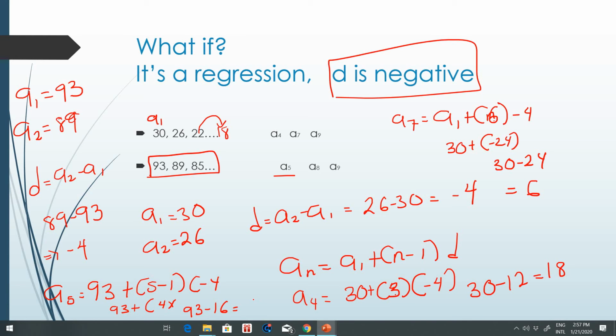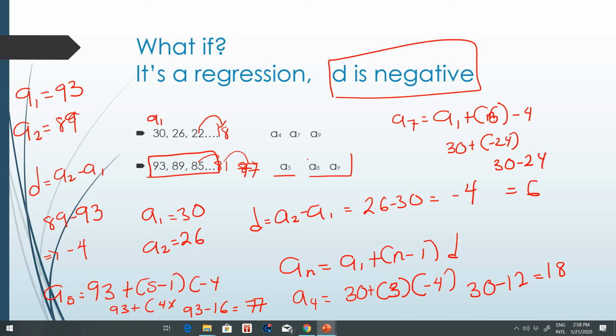That should give us 77. So our A5 should be 77. Let's just try to do it manually and see first. So 89 minus 4, that should be 85. 85 minus 4, that should be 81. So 81 minus 4, that's 77. So you can see we're correct.